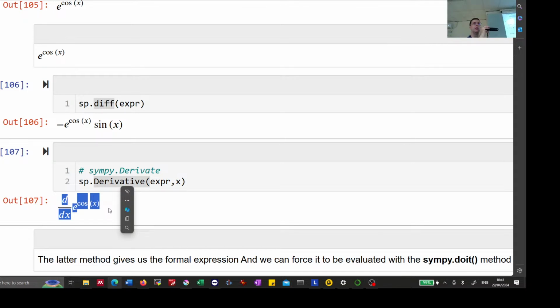What's the difference? In one, the derivative is being executed and in the other one it is not. So here I still have the operator d over dx hanging around, waiting to be used.